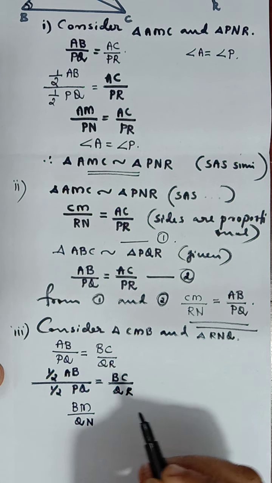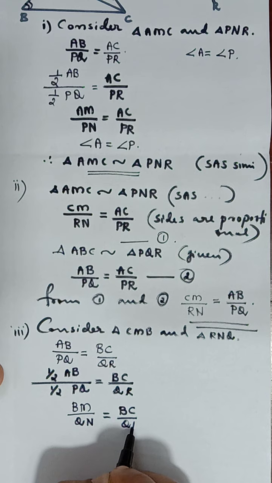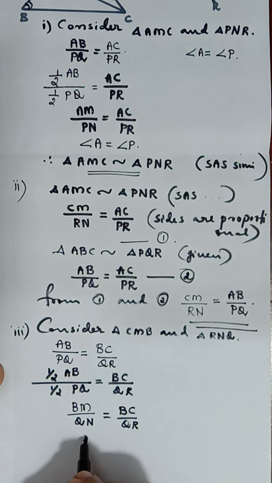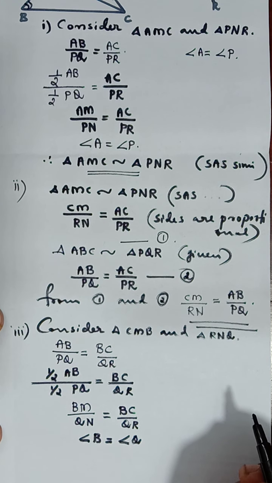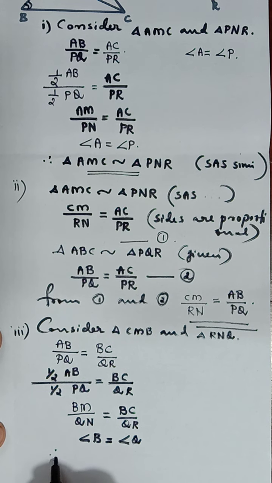So, BM by QN is equal to BC by QR. Then we have to consider the included angle, that is, angle B is equal to angle Q. The reason here is triangle ABC similar to triangle PQR. Therefore, triangle CMB is similar to triangle RNQ.